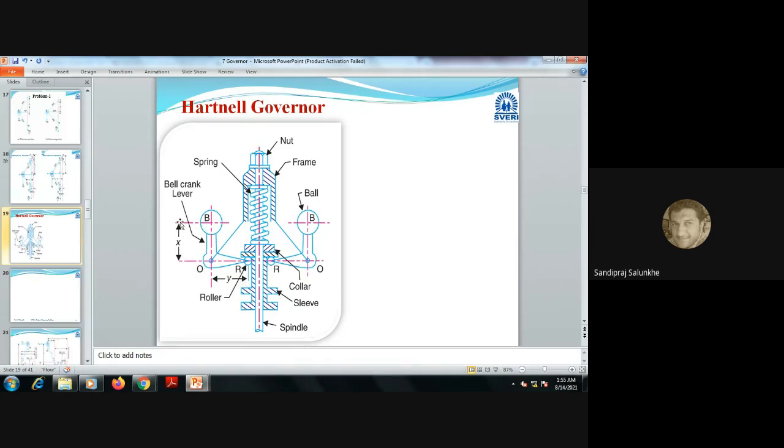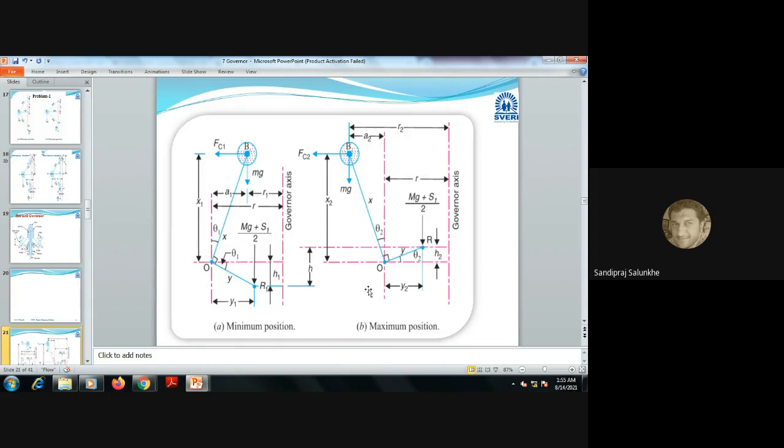Okay, the centrifugal force is acting, and an upward force is acting on the sleeve to lift that sleeve, whereas the spring force is acting in downward direction to resist this sleeve motion in upward direction. So all these forces are analyzed here.